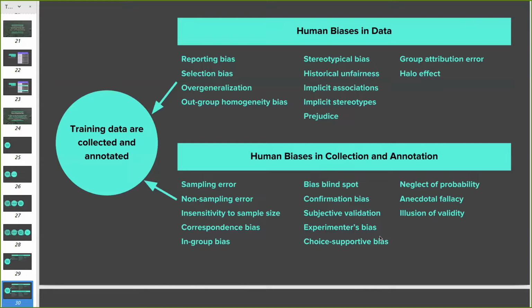So these kinds of problems exist when we are collecting and annotating data, and these are all the kinds of biases that can exist at the time of data collection and annotation.